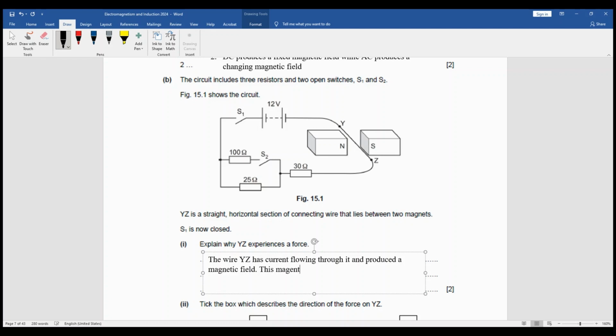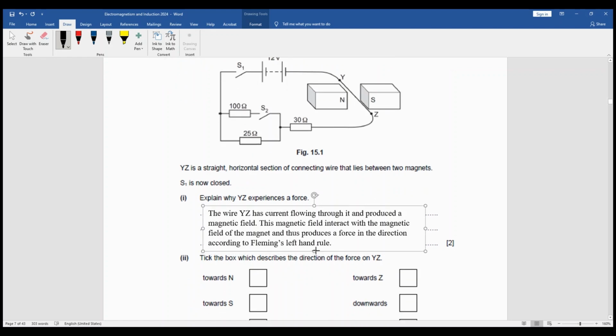This magnetic field interacts with the magnetic field of the magnet and thus produces a force in the direction according to Fleming's left hand rule. Okay, 2 marks. Should be around like that.